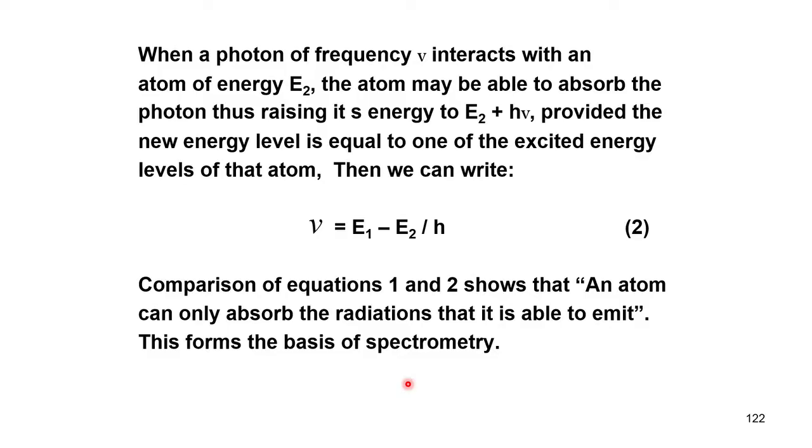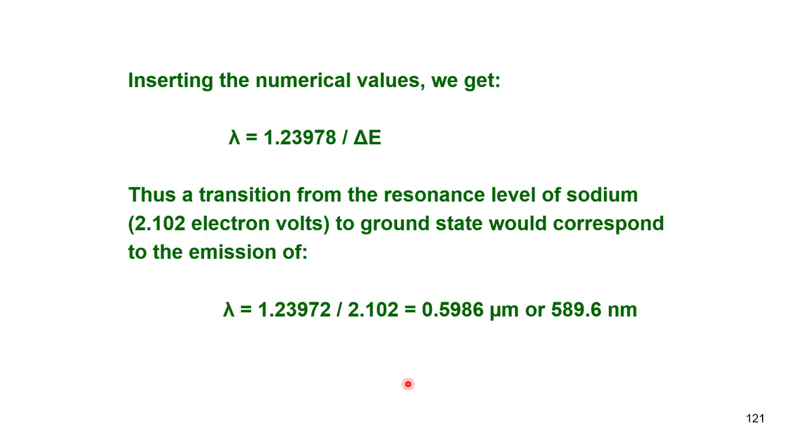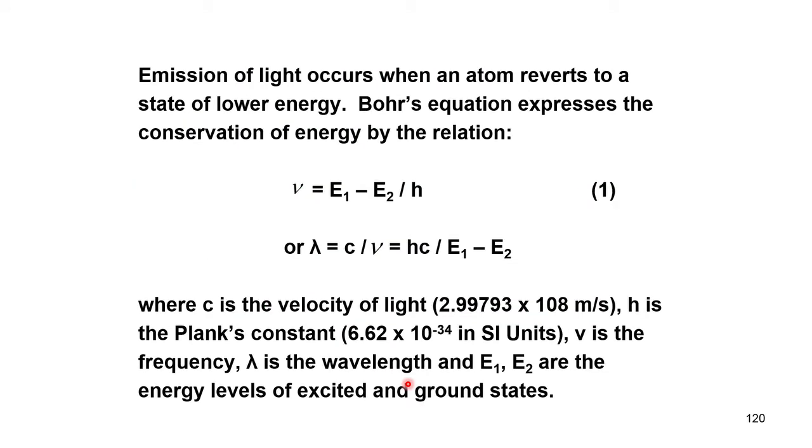In between energy, if you supply, nothing happens, that is the beauty of quantum mechanics. So, we write the expression nu is equal to E2 minus E1 by h. Compare this equation with the first one here, it is the same.